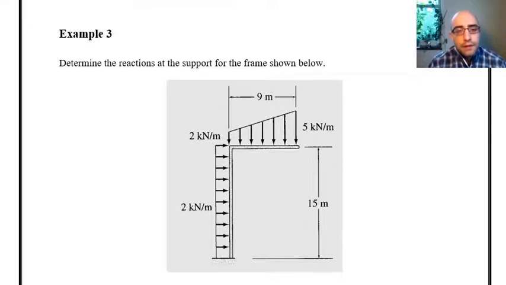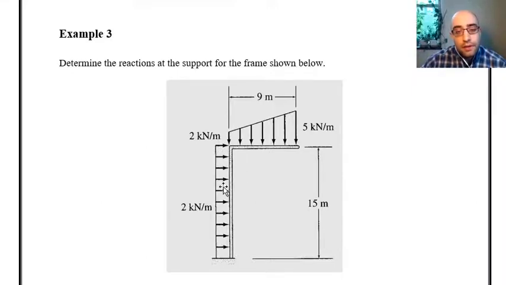Okay. Let's take a look at the third example and see how we can find the reactions for this frame that is shown over here. As you can see, this frame is carrying two distributed loads.